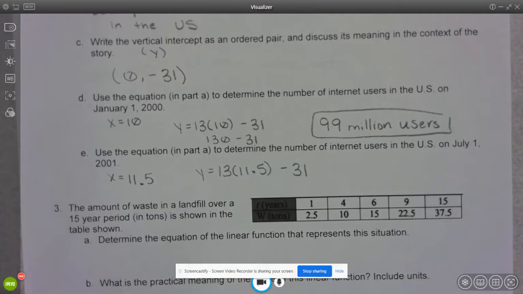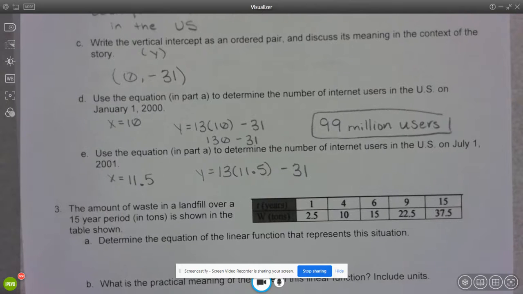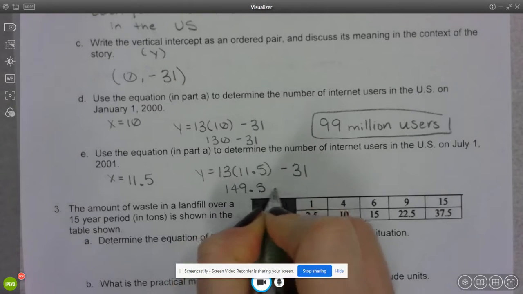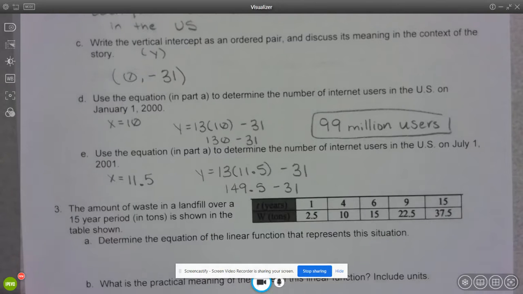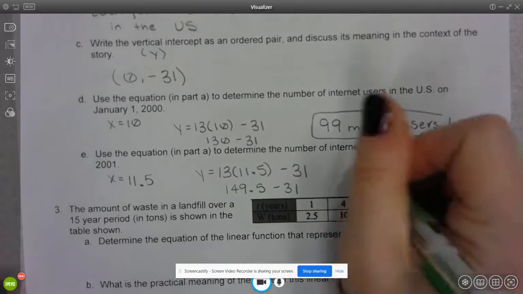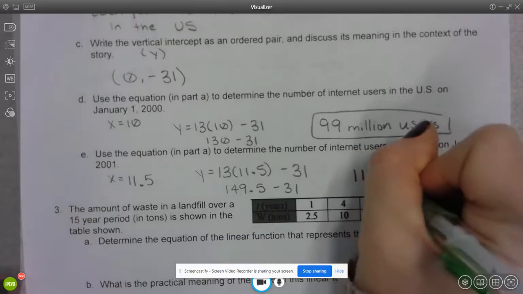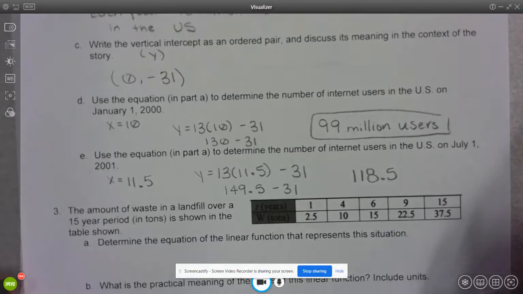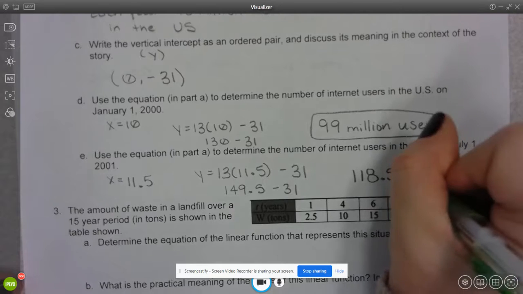Well, 13 times 11 is 143. And half of 13 is 6.5. So that gives me 149.5. And then I'm going to subtract 31. So I have 118 million, or 118 and a half million users.